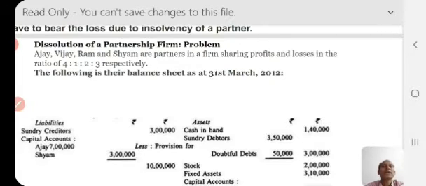Ajay, Vijay, Ram and Shyam are partners in a firm sharing profits and losses in the ratio of 4:1:2:3 respectively.